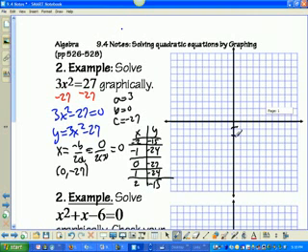Now, if you're going to graph this by hand, make sure you tell me what the scale is. I'm going to have my x's stand for 1. My y's, I'm going to go by 3s. So at -2, -15: there's -3, -6, -9, -12, -15.